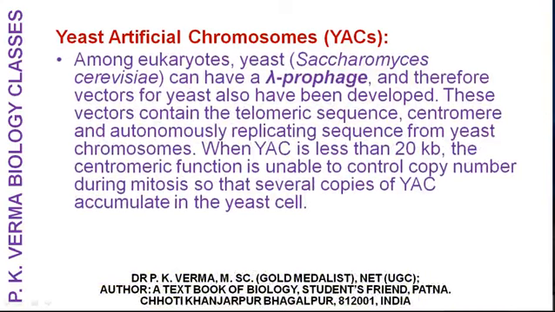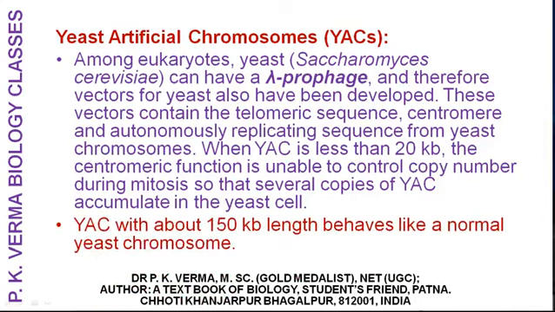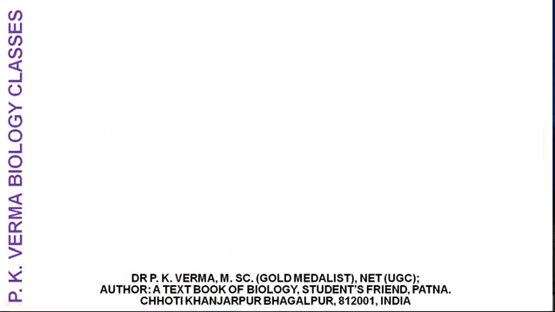These vectors contain the telomeric sequence, centromere and autonomously replicating sequence from the yeast chromosome. When YAC is less than 20 kilobase, the centromeric function is unable to control copy number during mitosis, so that several copies of YAC accumulate in the cell itself. YAC with about 150 kilobases length behaves like a normal yeast chromosome.